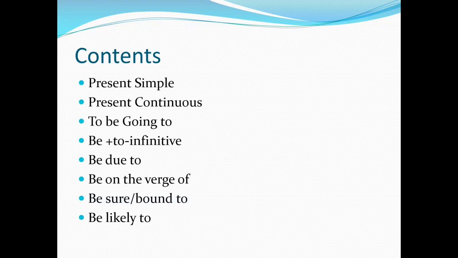And then we will learn different expressions to express degrees of probability and certainty about the future, like to be plus to infinitive, be due to, be on the verge of, be sure, bound to, and to be likely to.